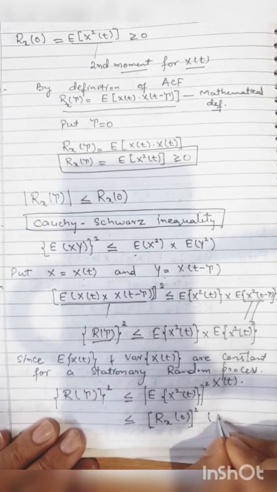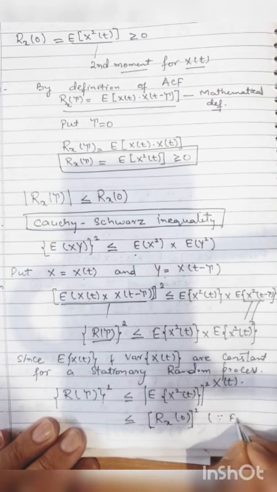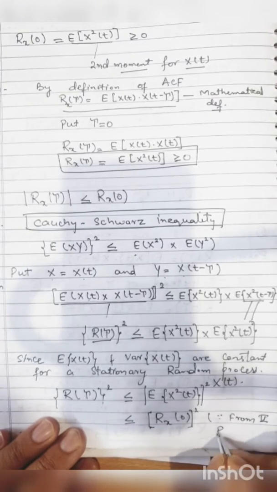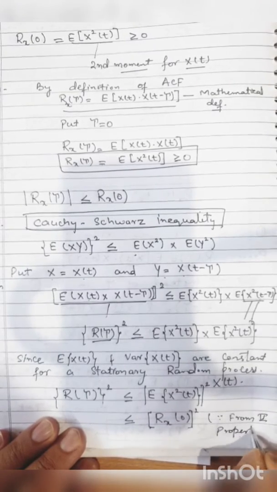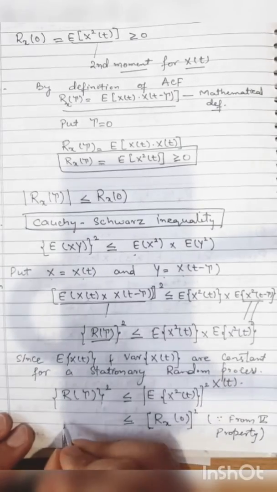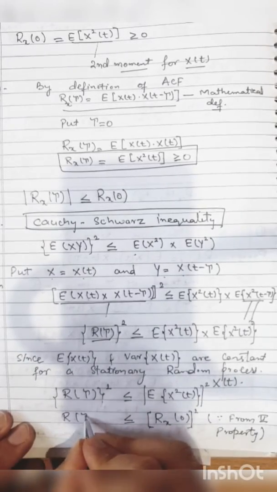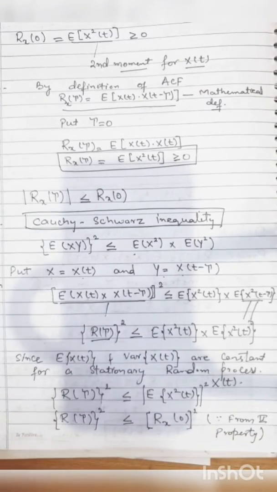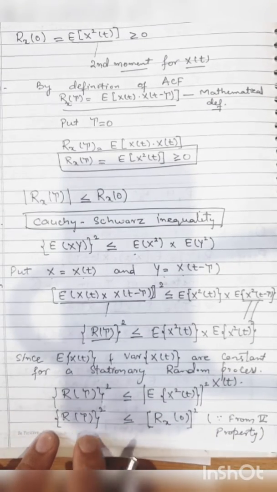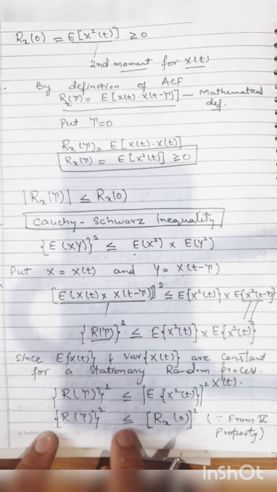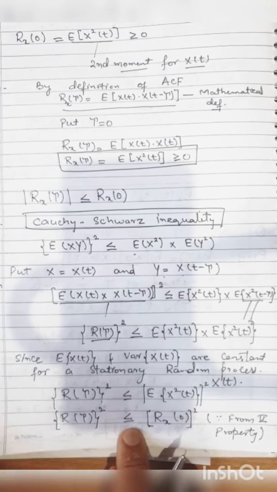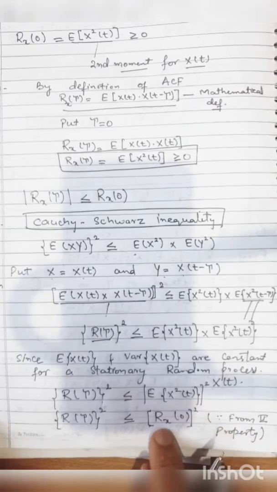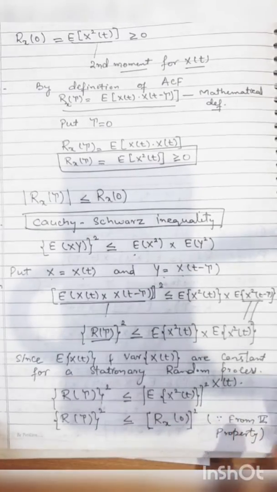This is because of the second property, already defined above and proved also. So you can say R(tau), that means the autocorrelation function squared, is always less than or equal to R_x(0) whole squared. That means the autocorrelation function at 0, whole squared.